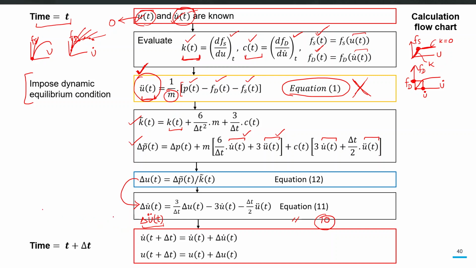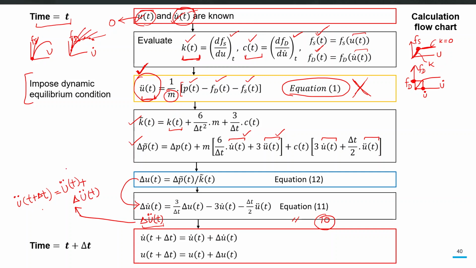So we could have done this too, that we could have calculated u double dot of t plus delta t, which is the next acceleration, equal to u double dot of t plus the delta u double dot of t determined from equation 10.